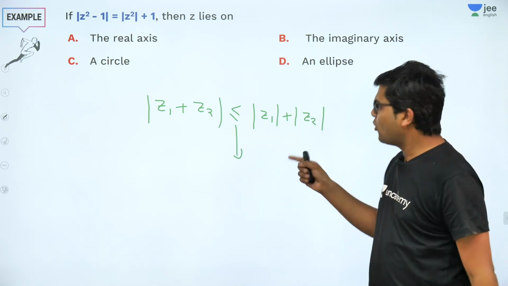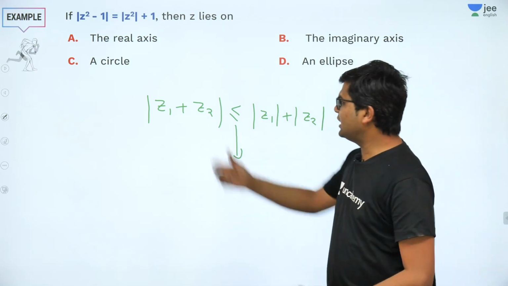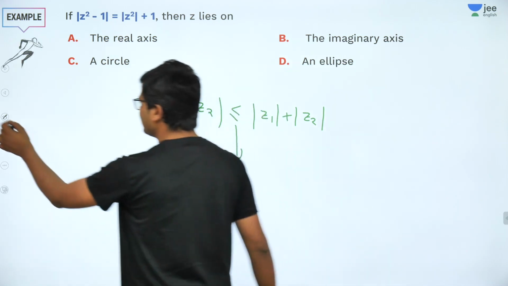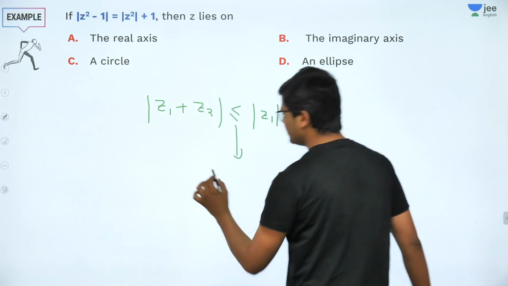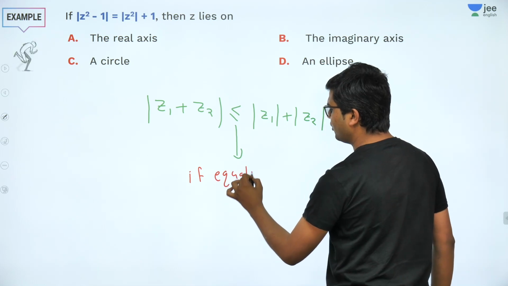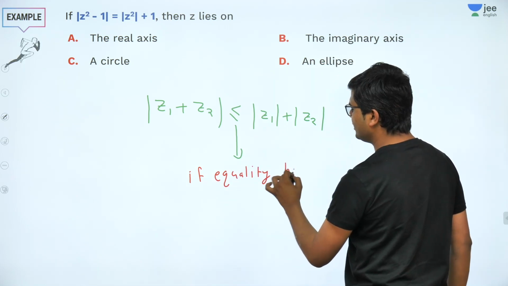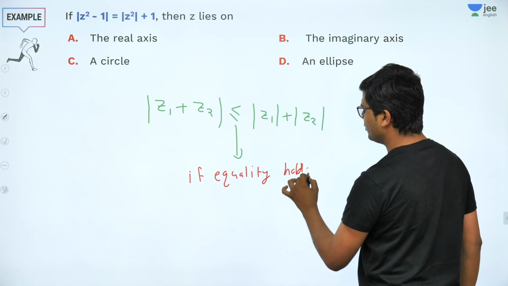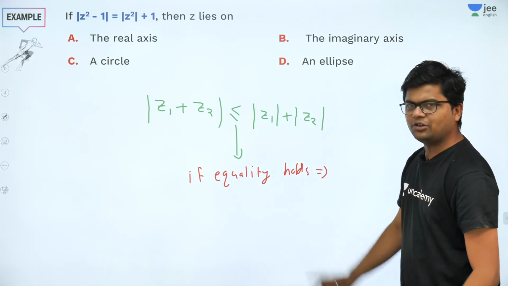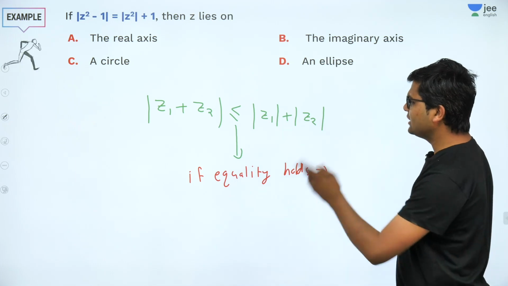Got my point? Collinear means the argument of z1 and argument of z2 will become equal. So I am writing this: if equality holds, then what does it imply? It implies that z1 and z2 are collinear points with the origin.